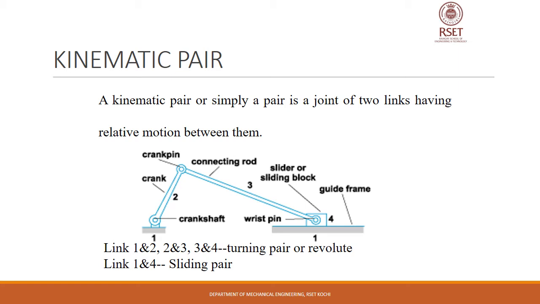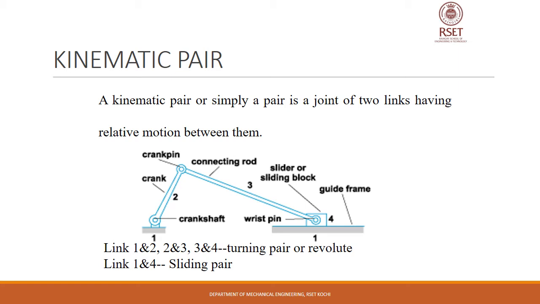Link 3 and 4 is another kinematic pair, where link 3 can rotate about block 4, or link 4 can rotate about block 3. It is connected with the help of a wrist pin as shown in the figure, or in case of an IC engine, a Gudgeon pin. We cannot say that it can fully rotate.